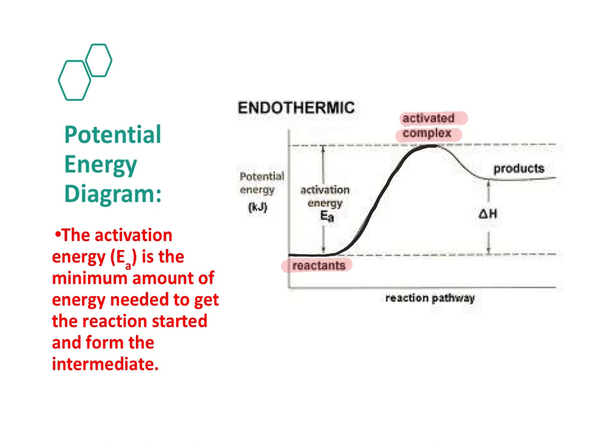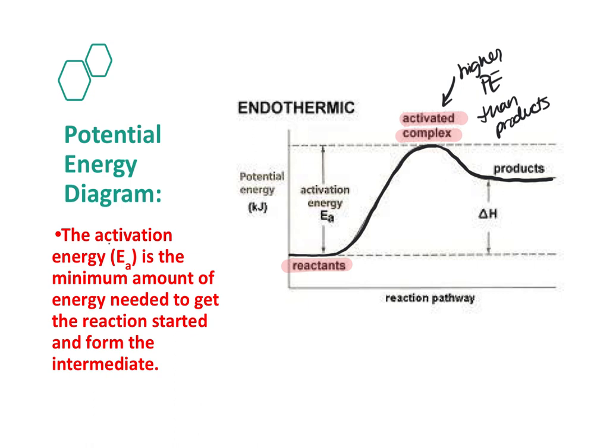Eventually we get to the top, and then we're going to start to fall down the hill, and that's where our products are going to be. So our activated complex is actually higher potential energy than the products. So we have to go up really high in order to get this reaction to occur. So keep that in mind as well.